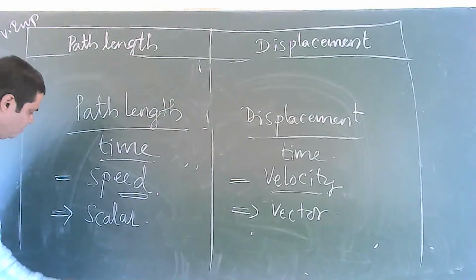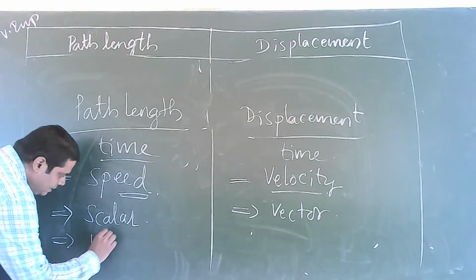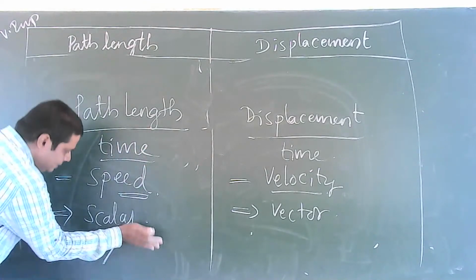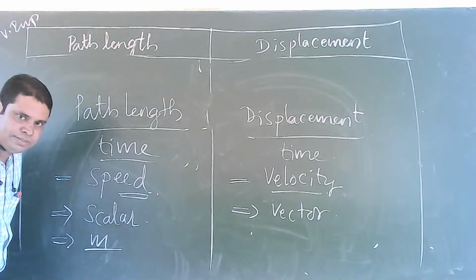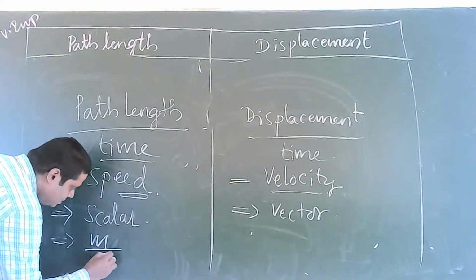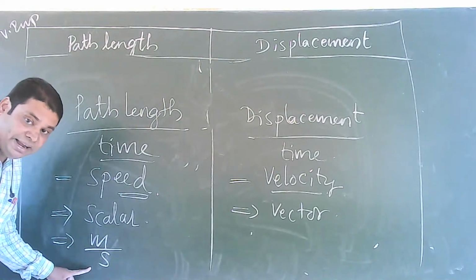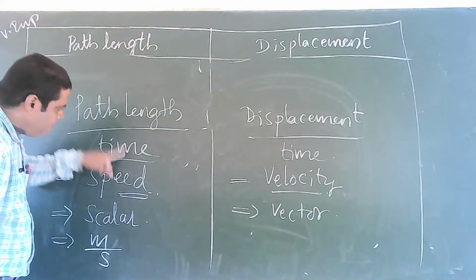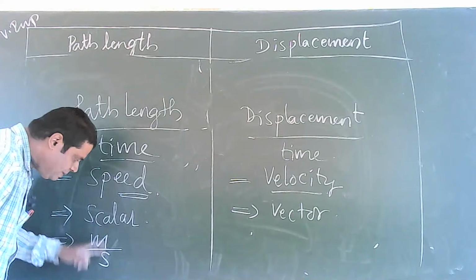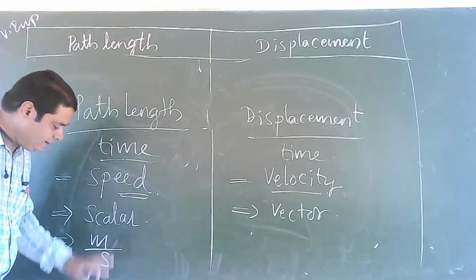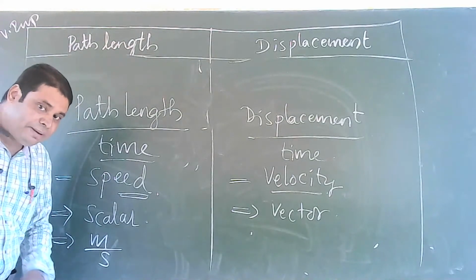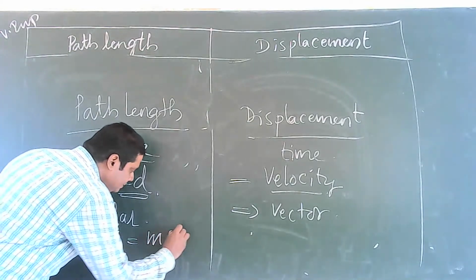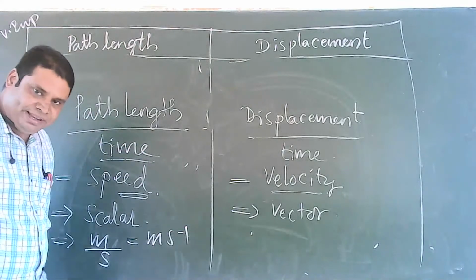Path length is measured in terms of meter. Your time is measured in terms of second. Meter per second is a unit of speed. Meter is unit of path length; if you divide it by time, then meter per second, meter divided by second, will be the unit of your speed, or you can write m s^-1.